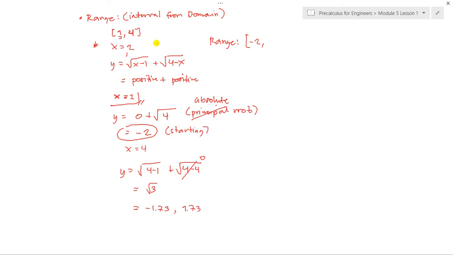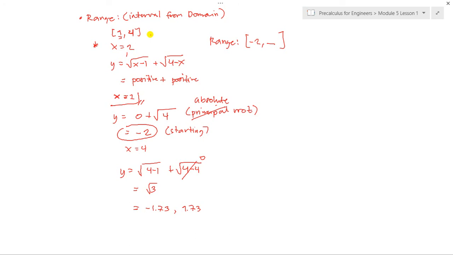So actually we have our range here, since it has a maximum value, I think we cannot go to positive infinity. We have here a number that has a maximum value, so it's between x equals 1 and x equals 4.